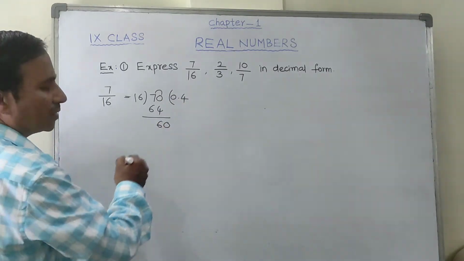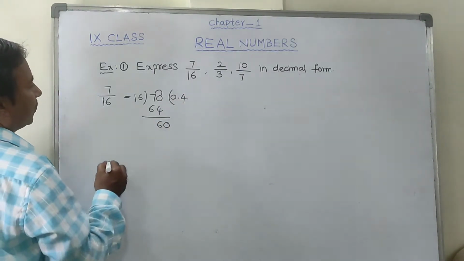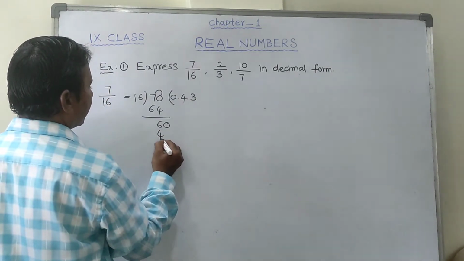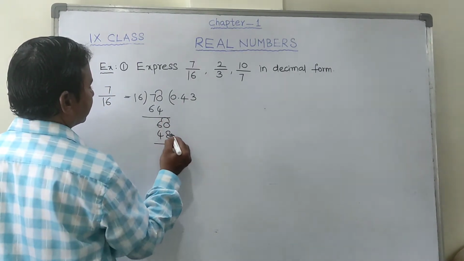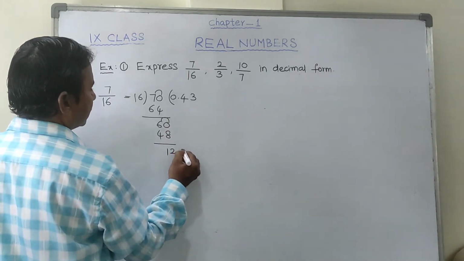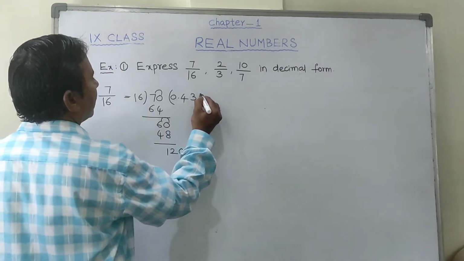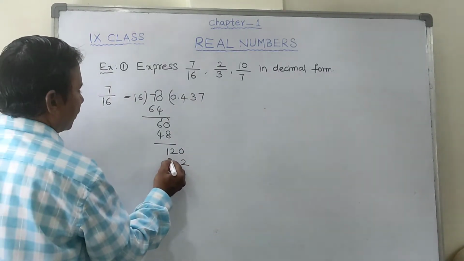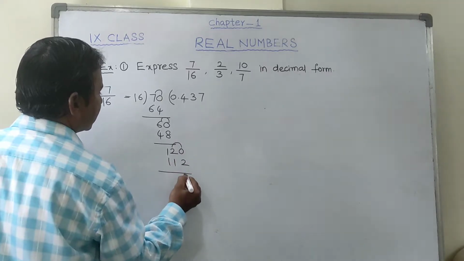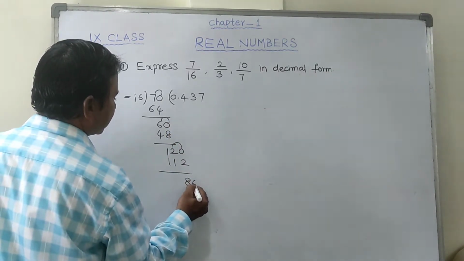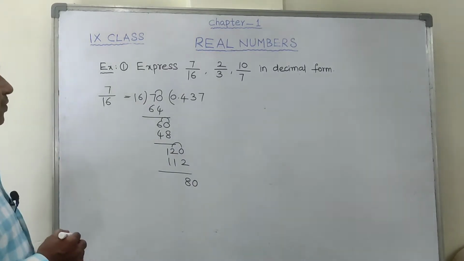As the point is there, we take a 0. Now 16 threes are 48. 12 remains, so now take 0. 16 times 8 is 128, so we get the next digit.